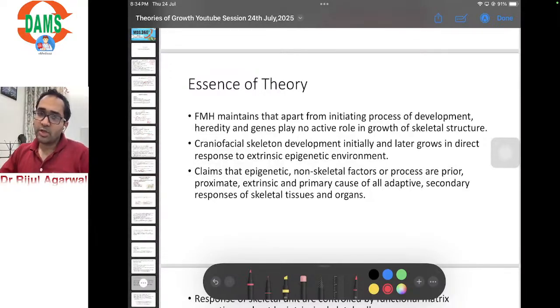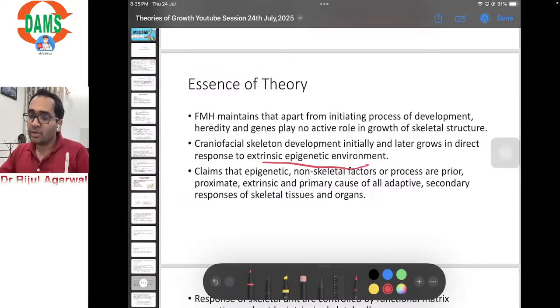So how do they grow? They grow in direct response to the extrinsic epigenetic environment. Extrinsic means outside the genes, epigenetic means the environment surrounding the genes. What does it mean? Cell growth or skeletal growth is no longer dependent on the role of genes only.